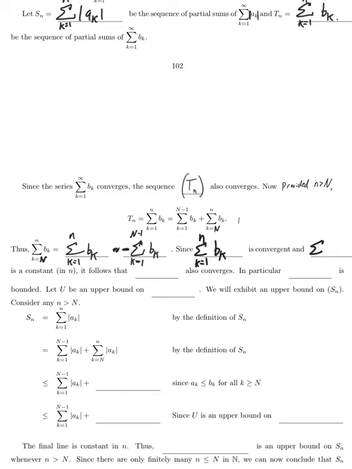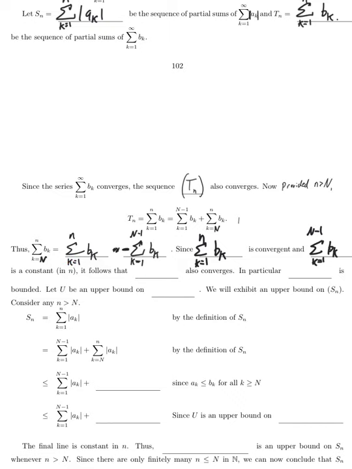The sum from k equals 1 to big N minus 1 of b_k is constant in n. It follows that this thing should converge. It's a convergent thing minus a constant. I even know what the limit is. The limit should be the limit of this minus this constant.